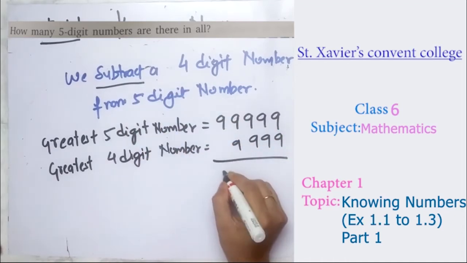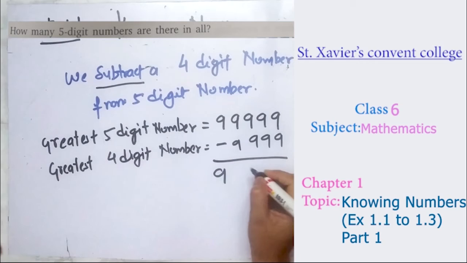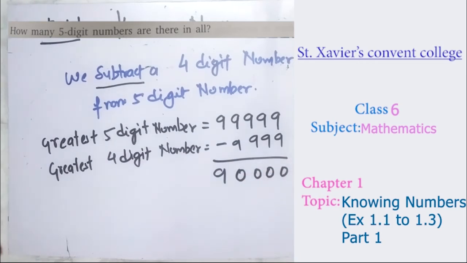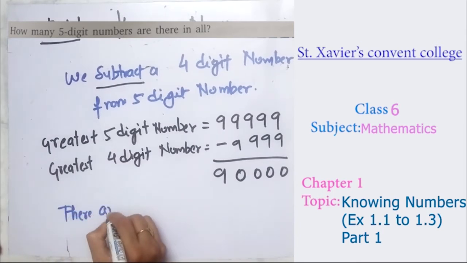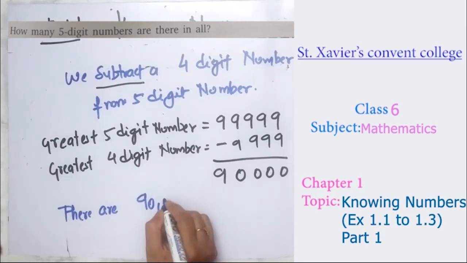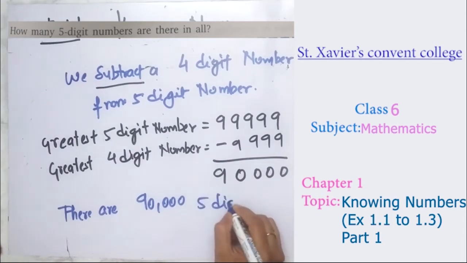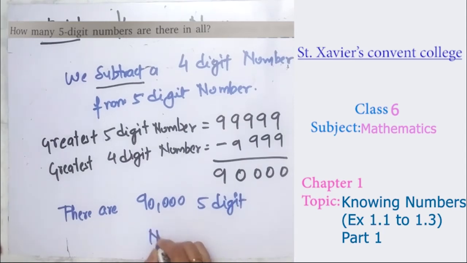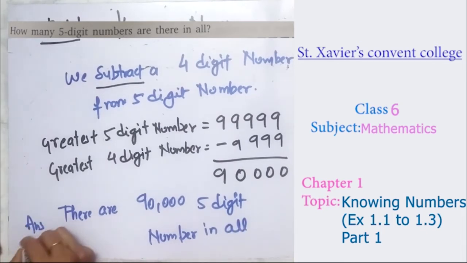Now as I have told you, we have to subtract, so we will subtract over here. And what we get? 9, 0, 0, 0, 0. So the answer will be, there are 90,000 5 digit numbers in all. This is your answer.